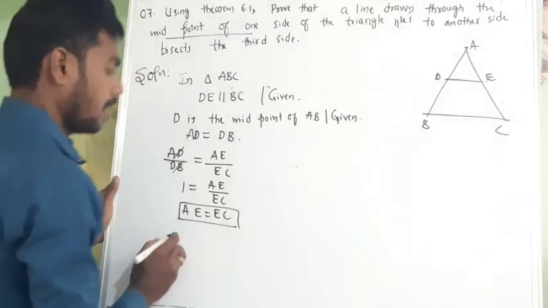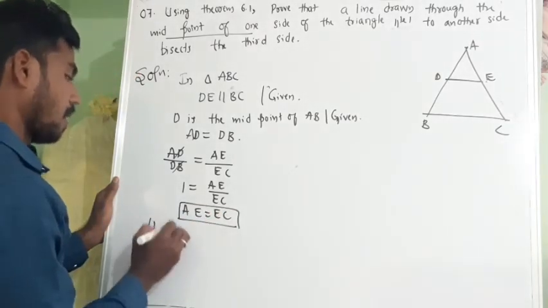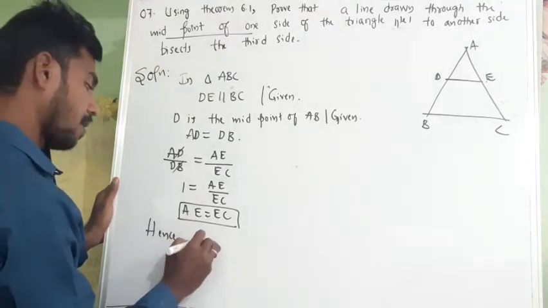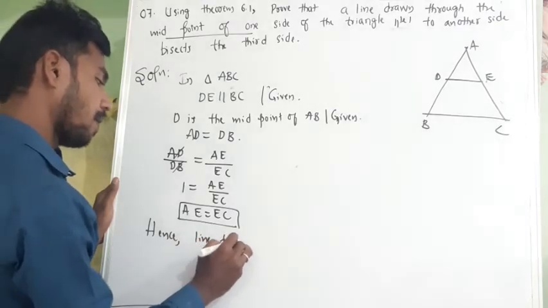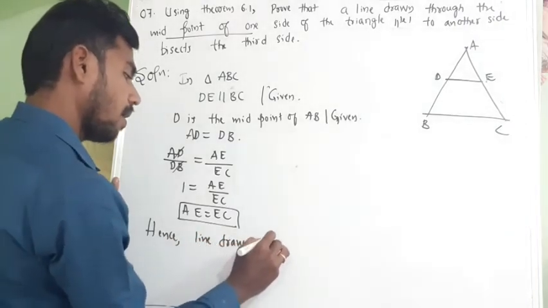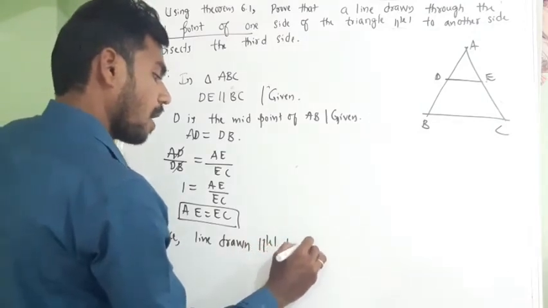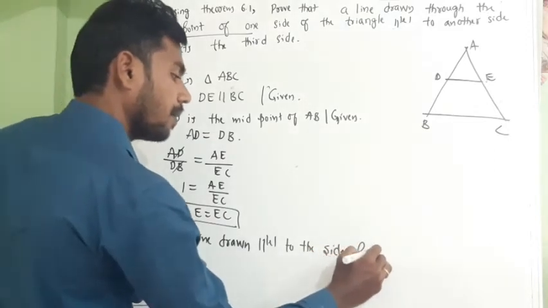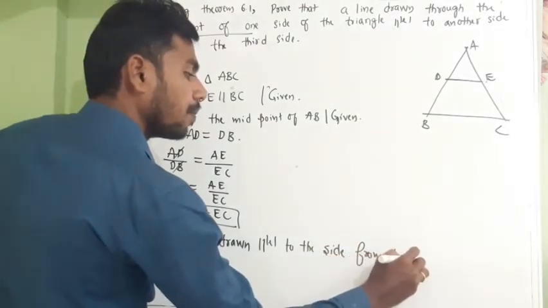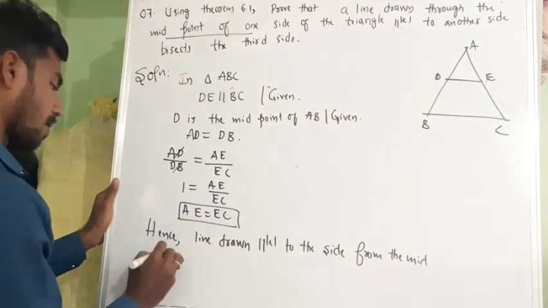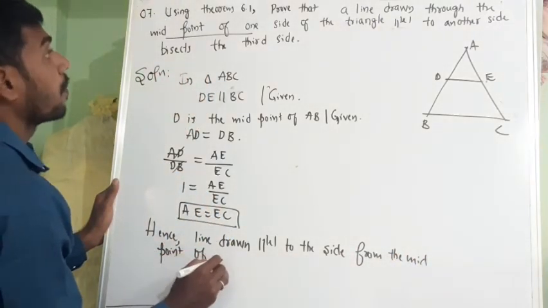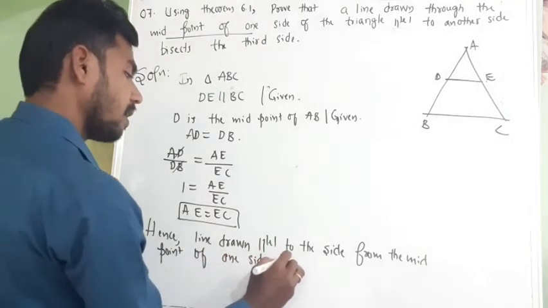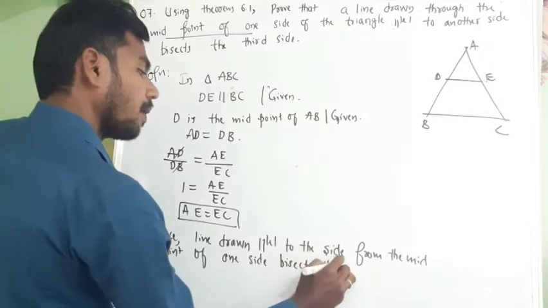Hence, a line drawn parallel to a side from the midpoint of one side bisects the third side.